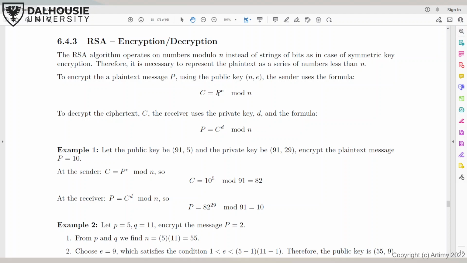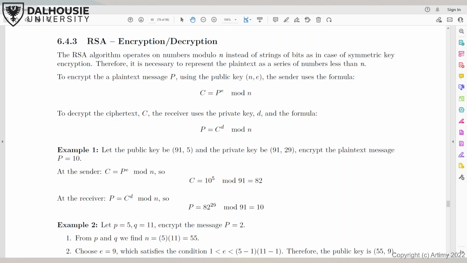Because imagine you have a 64-bit key to the power of another 64-bit key, right? Well, it's not easy to calculate. But for small numbers, we can do it in a simple calculator, right?